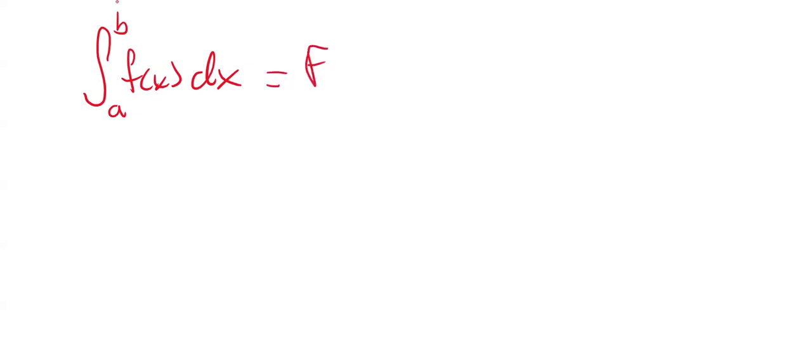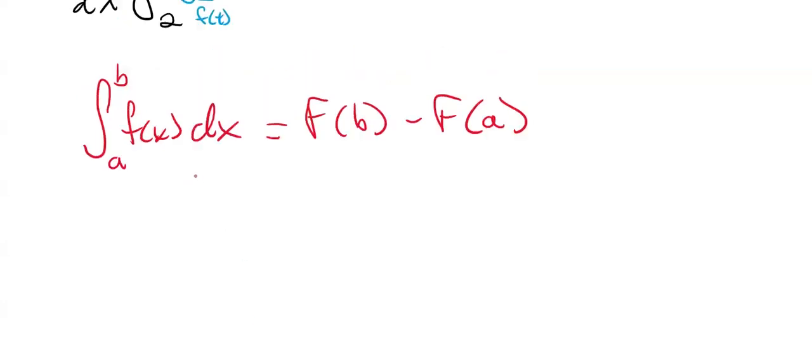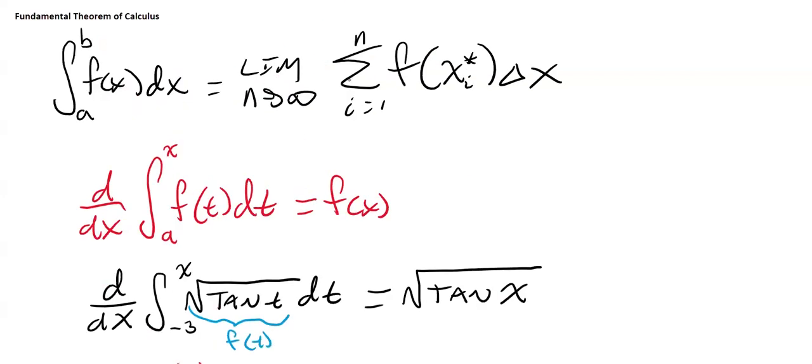Is this right here? If we have an integral from a to b of f of x dx, and right now, instead of using the limit definition of the sum of n rectangles, we're going to say that this equals the antiderivative of the function f evaluated at b minus the antiderivative of this function evaluated at a, which is going to be quite a lot simpler than our limit definition.